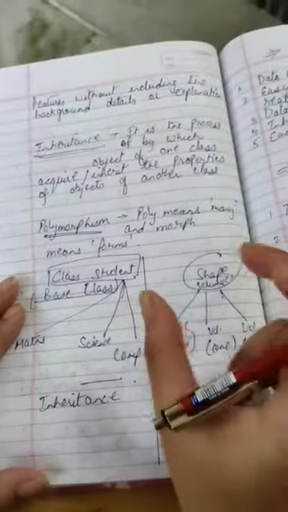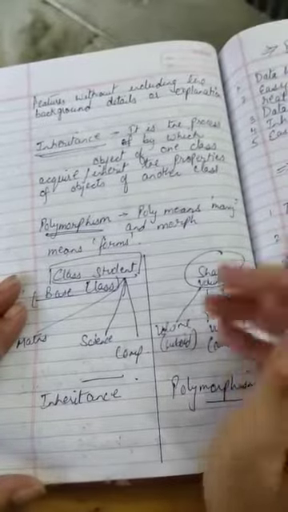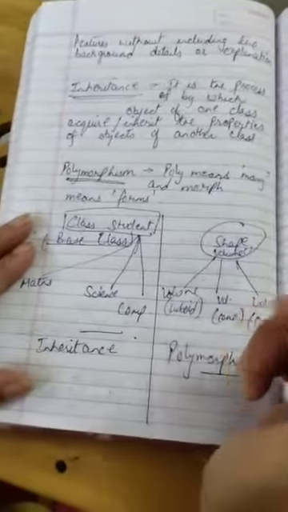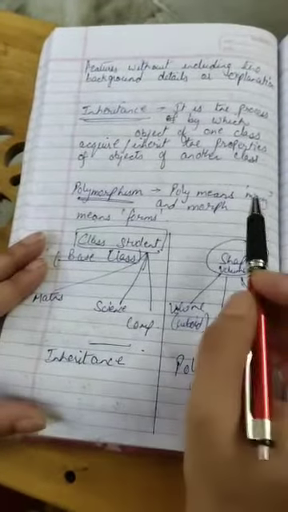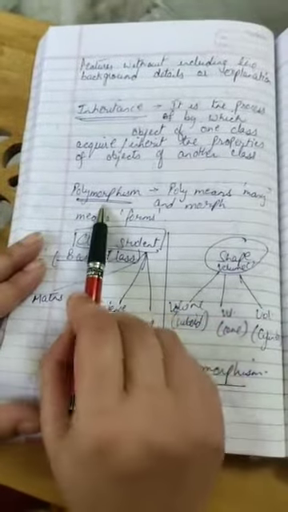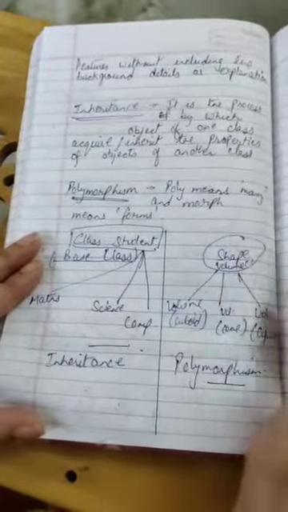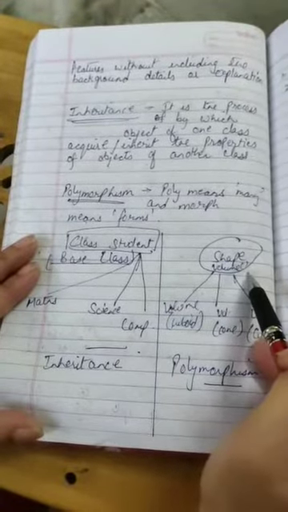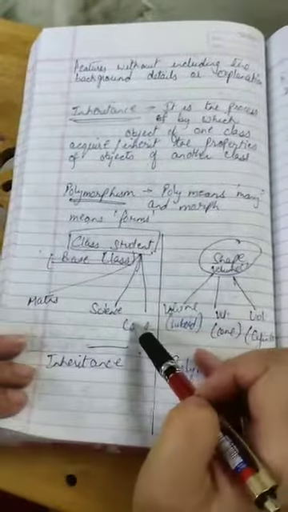When you have to calculate the volume of a shape, that shape can be a cuboid, a cone, or a cylinder. Now, volume is the same. Volume is your polymorphism. Many forms. Volume can be of any shape, of any form. That is called polymorphism. Right?